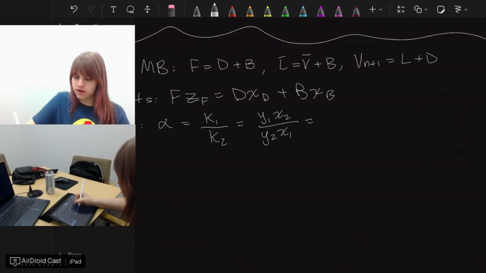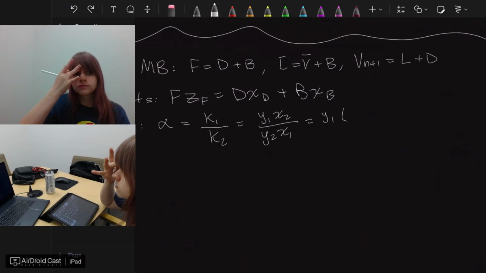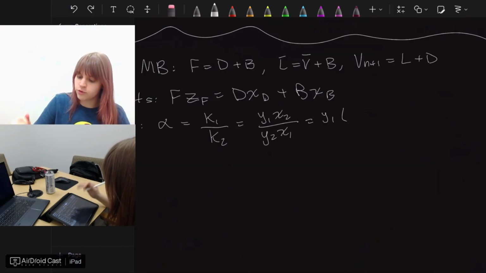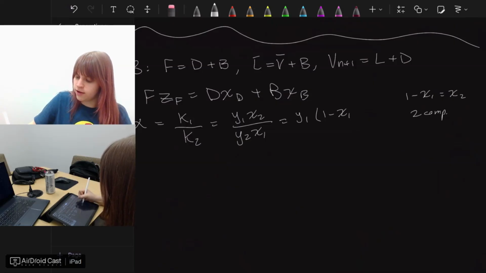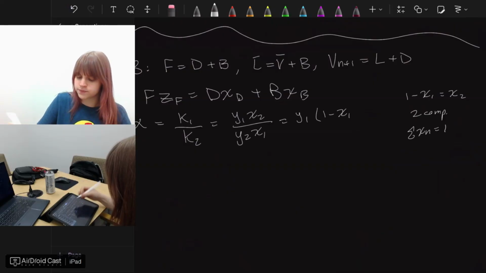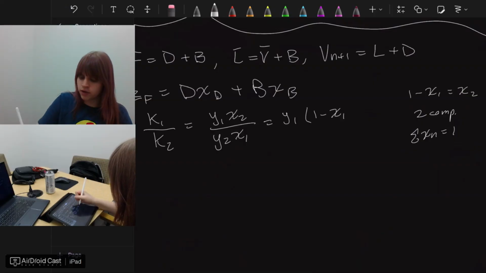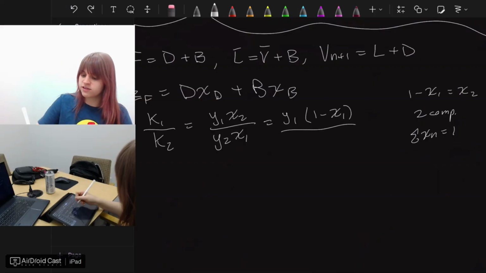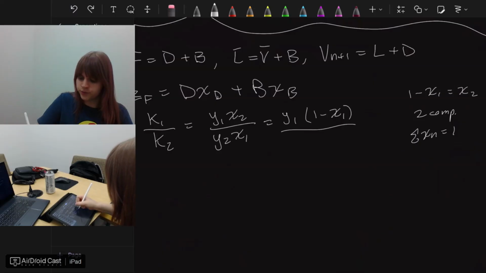And then we can say that's equal to Y1 times 1 minus X1. 1 minus X1 is X2. We have two components, and they need to add up to 1. We are doing a binary mixture here, as I said earlier. And we want to do a similar thing here, keeping it in terms of component 1.